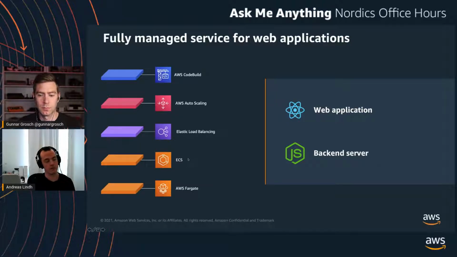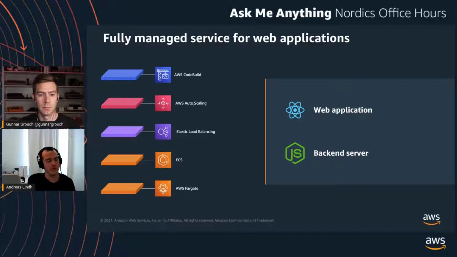You need to connect elastic load balancing, an application load balancer or network load balancer, to your service in ECS. Go and configure AWS autoscaling to ensure that you have the right resources as your application needs them. And you also have to have some kind of service to build your code and build a container, so that you have a deployable artifact.